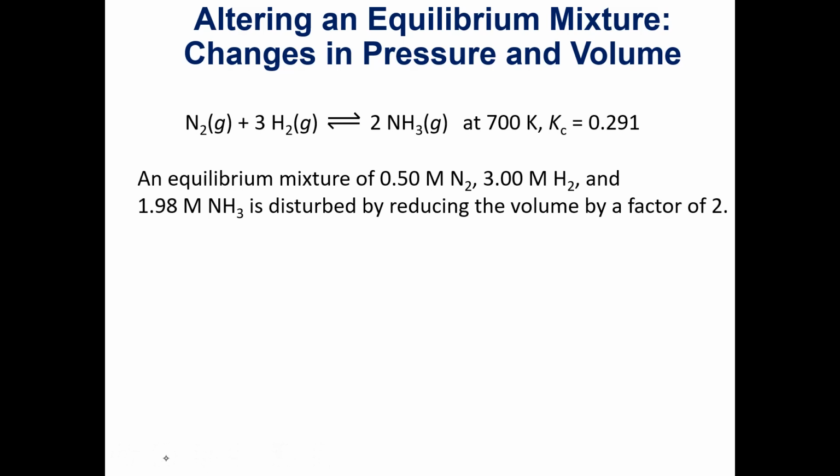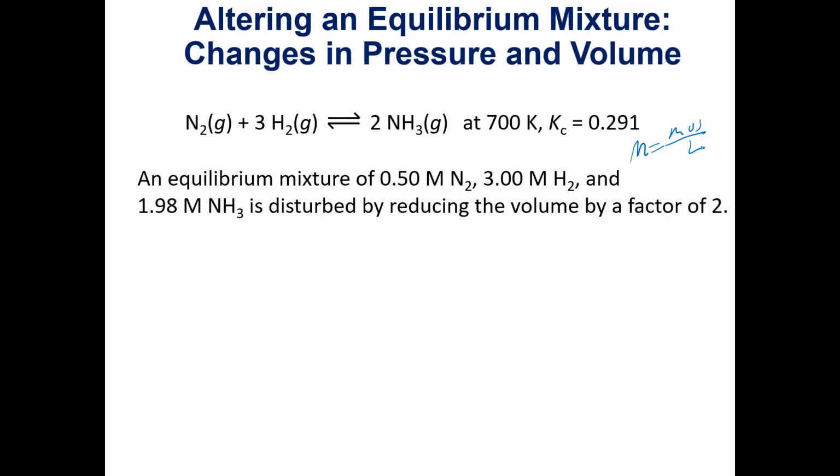So let's take a look at an example where we apply this principle. We have an equilibrium mixture of 0.50 molar N2, 3 molar H2, and 1.98 molar ammonia, and we reduce the volume by a factor of 2. So if we think back to molarity, molarity is equal to moles per liter.